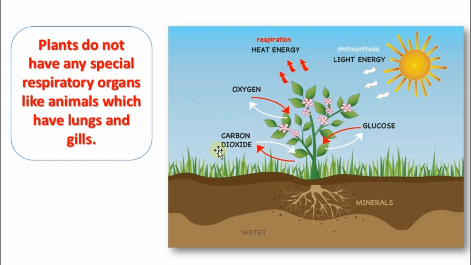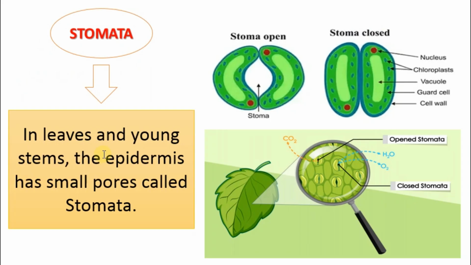You can see in this picture carbon dioxide, oxygen, formation of glucose and production of energy. All the processes occur in them. But how do these plants exchange their gases? By the process of stomata.